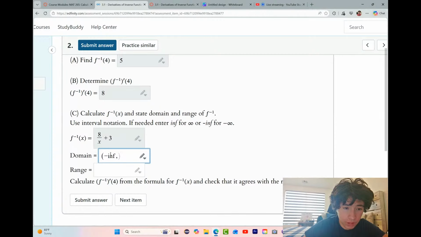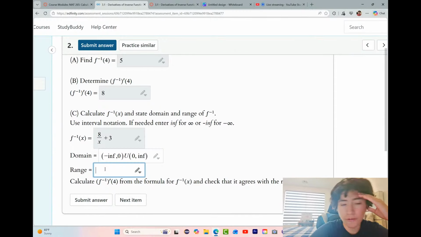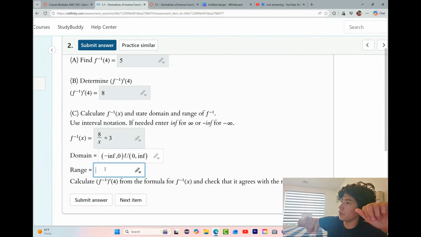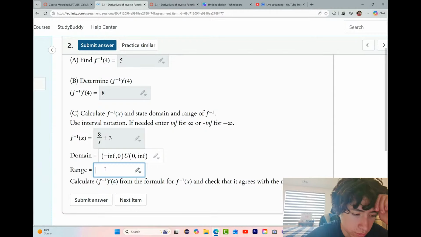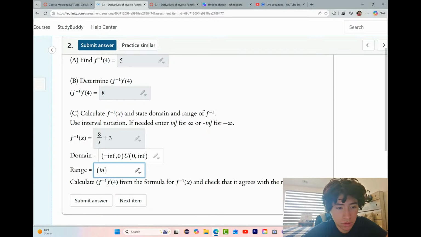Negative infinity to 0, union 0 to infinity. Unless I'm missing anything. Yeah, no, that's perfect. Beautiful, bro. We don't have a parabola here, so 1 over x is going to be like a curve. So yeah, no, we're good. And the range, well, it can be like anything, right? Yeah, negative infinity all the way to infinity.